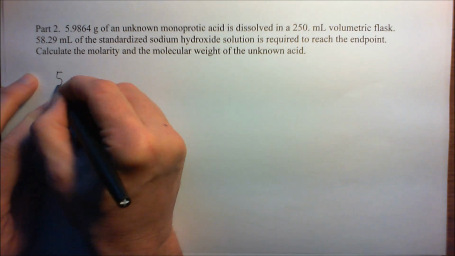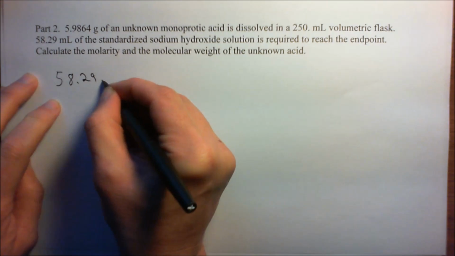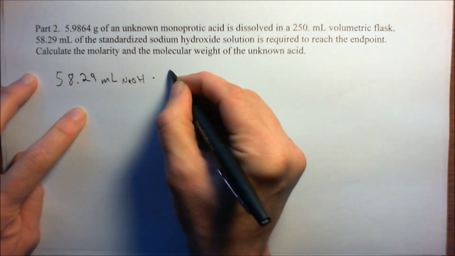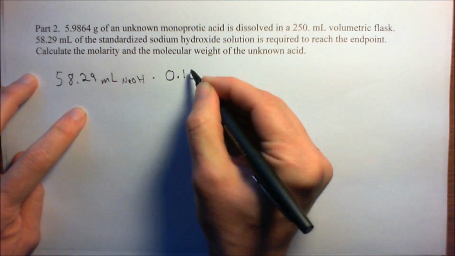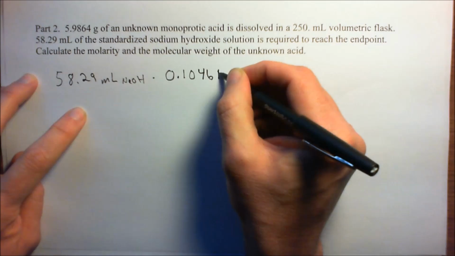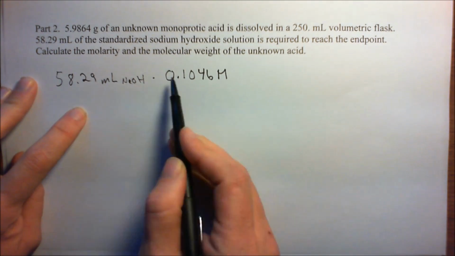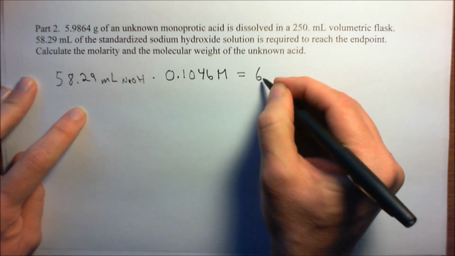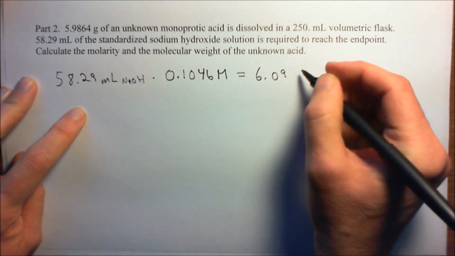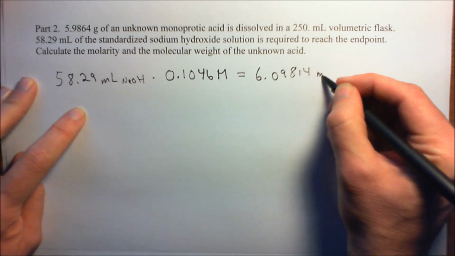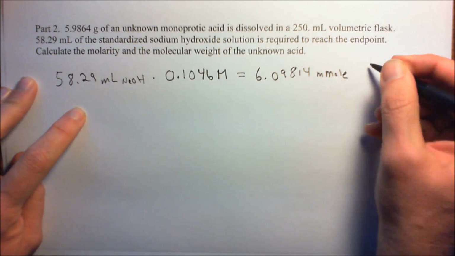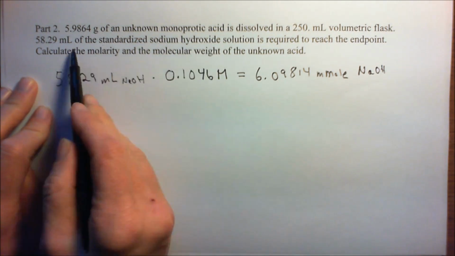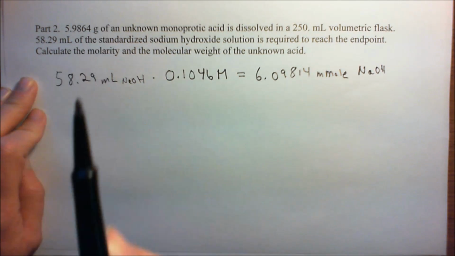And so it's 58.29 milliliters of sodium hydroxide times our standardized molarity, which we just figured out from part 1, big M. And if we multiply the milliliters times the moles per liter, we get an answer in millimoles, which is convenient to use, 0.069814 millimoles of sodium hydroxide. That's the number of moles, in millimoles, that we used to titrate that unknown.